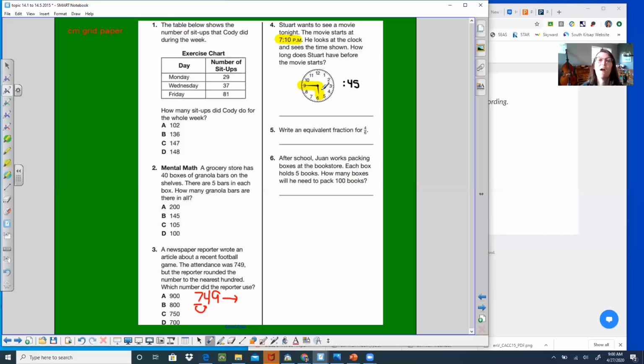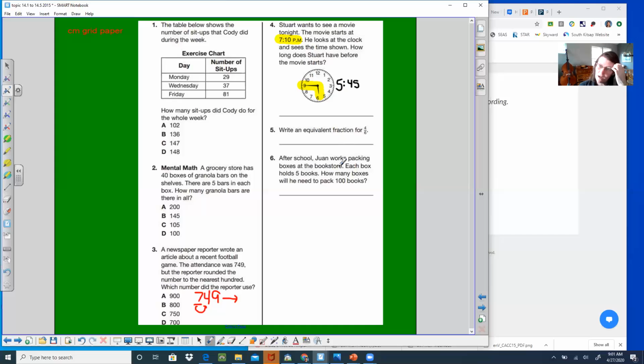Now, our hour hand is between the 5 and the 6. That means it's not quite 6 o'clock. So if a few moments ago I said it was 15 minutes till, it's not quite 6 o'clock. So what hour does that put it in? Hopefully you just thought 5:45. So that's your current time.